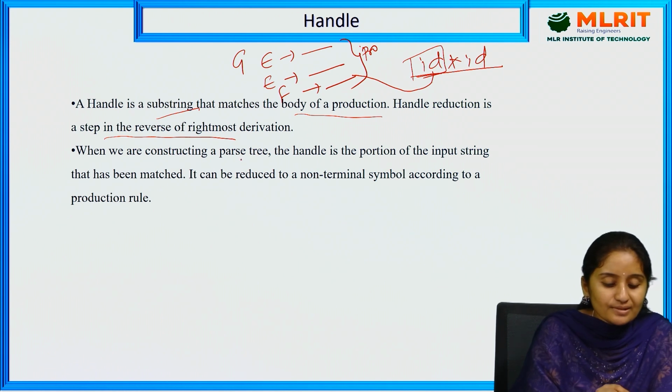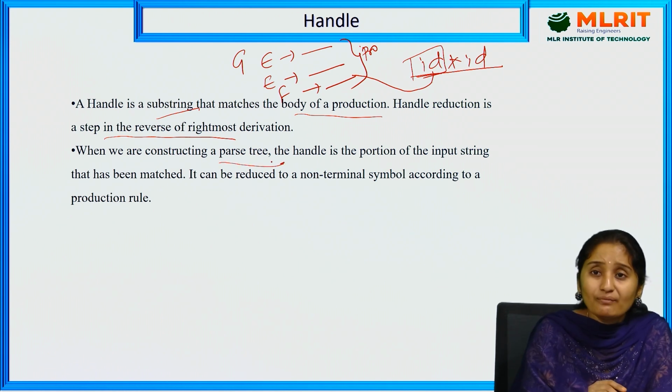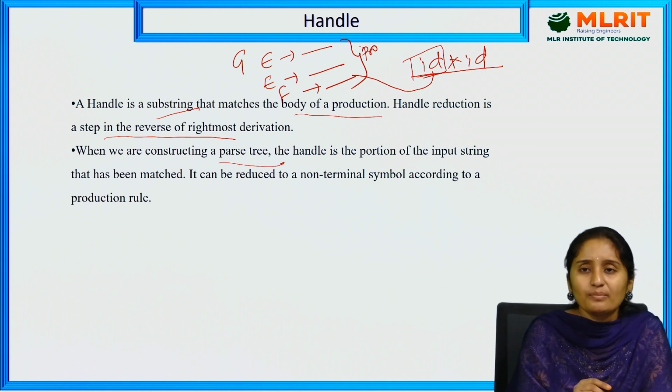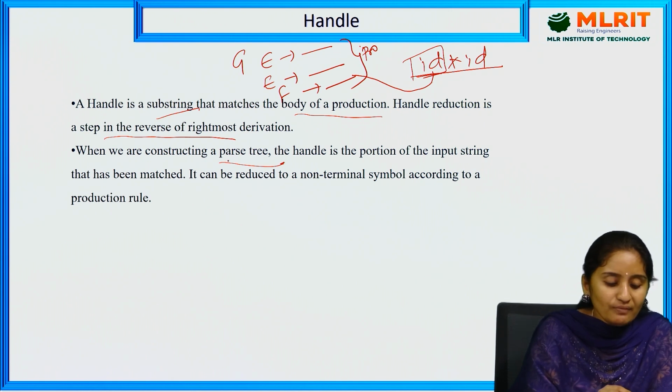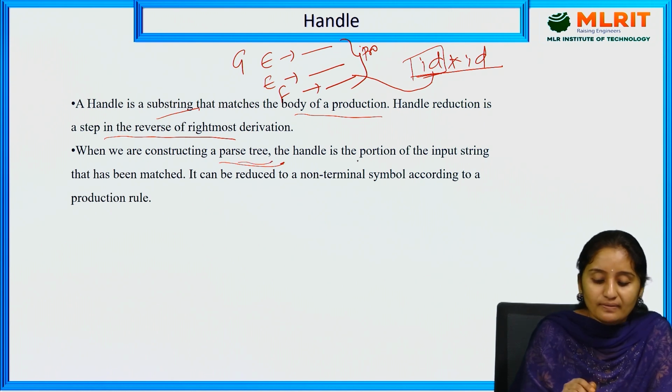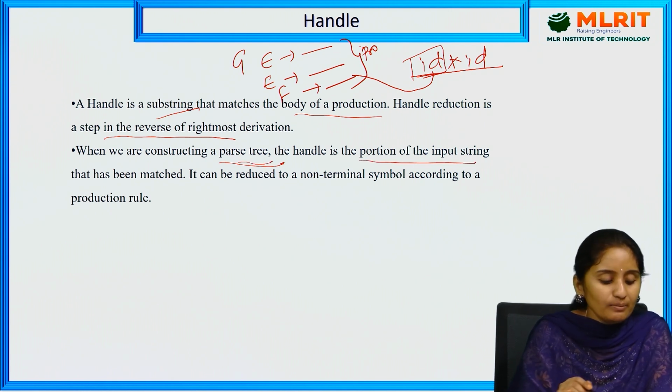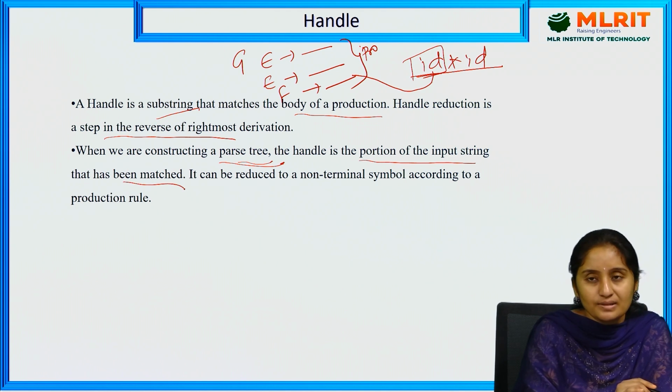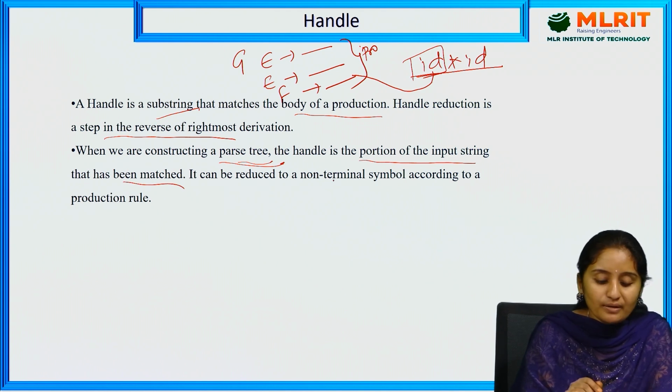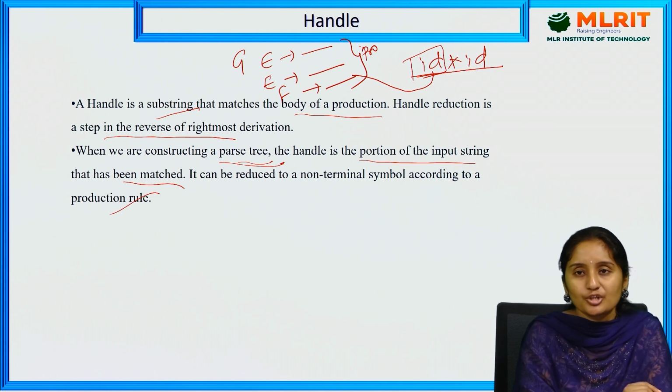When we are constructing a parse tree with a bottom-up parser, the handle is the portion of the input string that has been matched. It can be reduced to a non-terminal symbol according to the production rule.